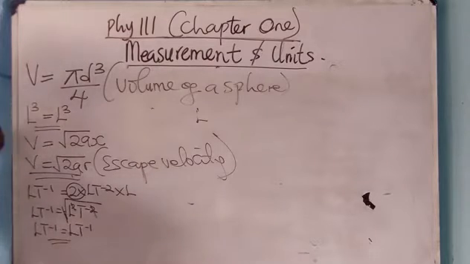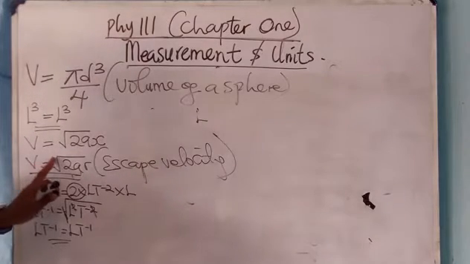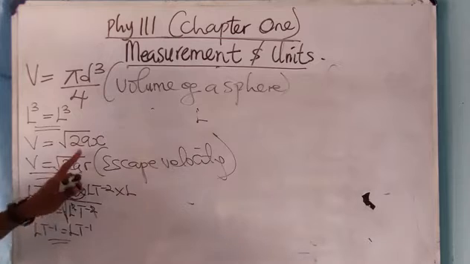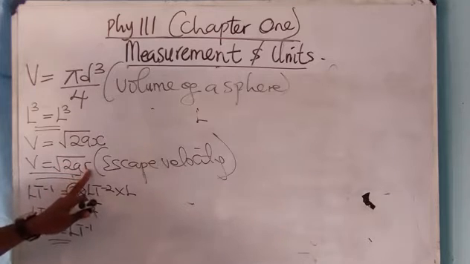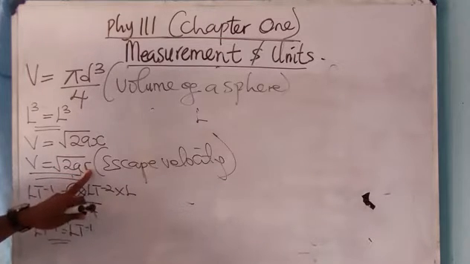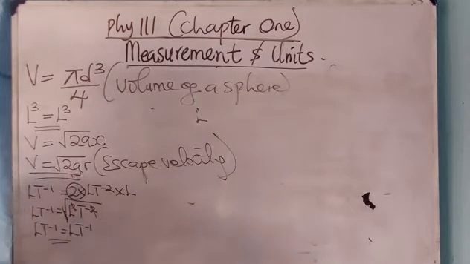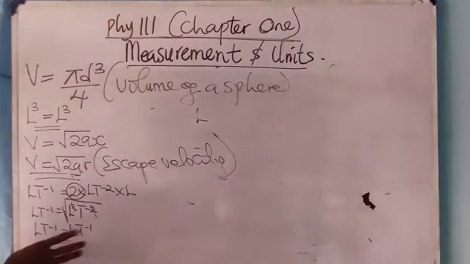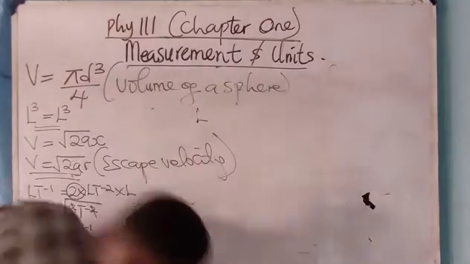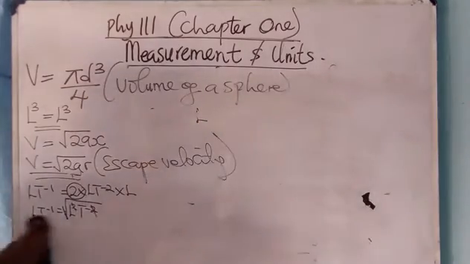It therefore means that velocity is dimensionally the same as root 2ar, where r is distance, a is acceleration, and 2 is not to be considered. This is the formula of escape velocity, so it is dimensionally correct. Take note of that.